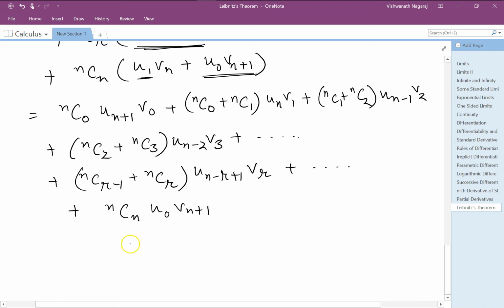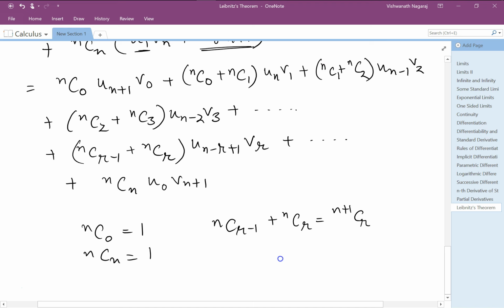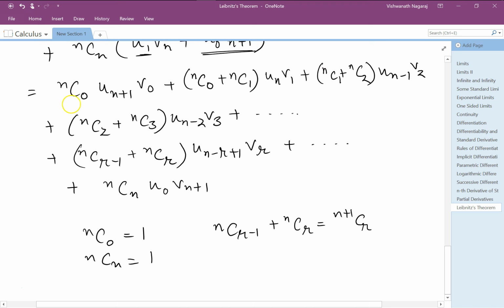So here again, some of the rules of combinations we need to be familiar with. nc0 is equal to 1, ncn equal to 1, and finally ncr minus 1 plus ncr is equal to n plus 1 cr.